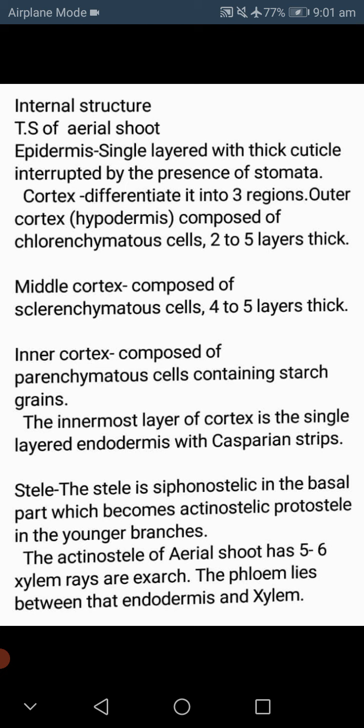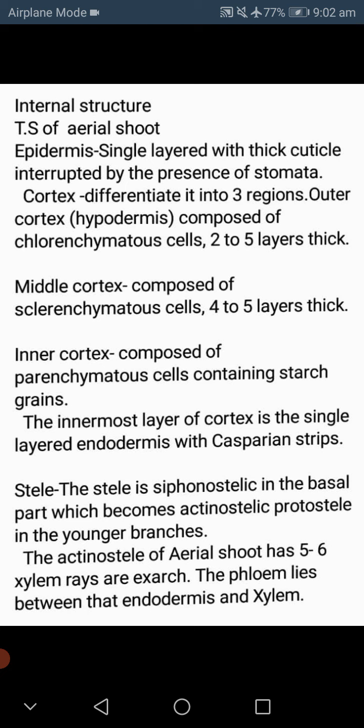But in the younger branches, it is an actinostelic protostele. Actinostelic means the xylem is arranged in a star-shaped structure, surrounded by the phloem, and there is no pith. So the younger branches have the primitive stele, and the advanced stele is present in the basal part.